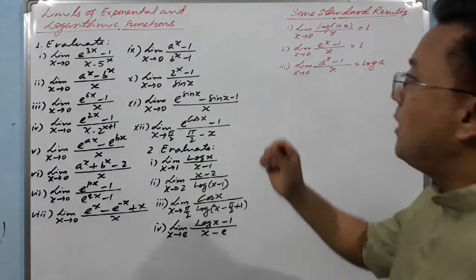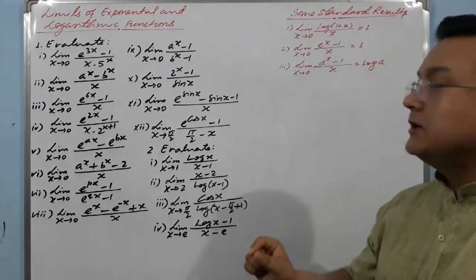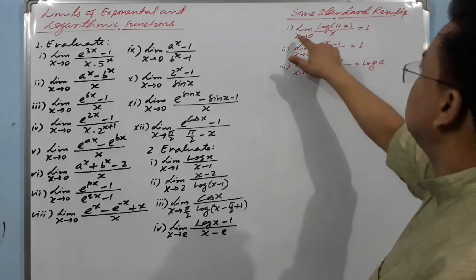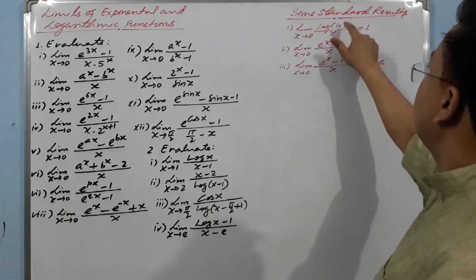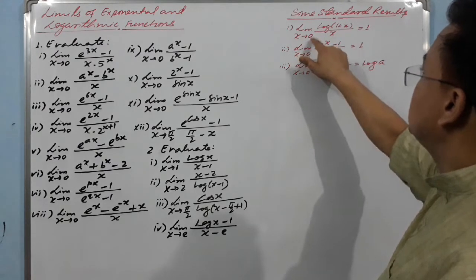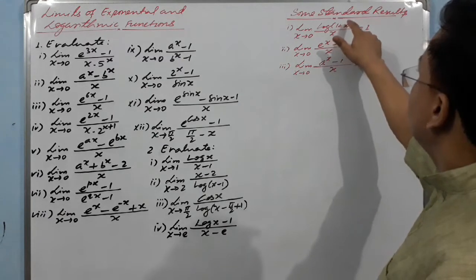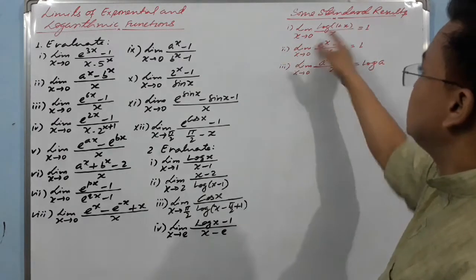Okay, so before applying these results, you must be sure about this thing. Here, if theta tends to 0, then here log of 1 plus theta, and theta tends to 0.